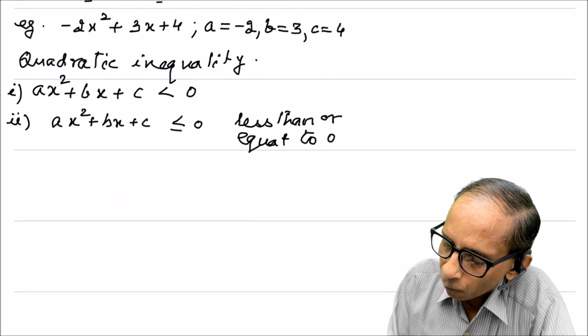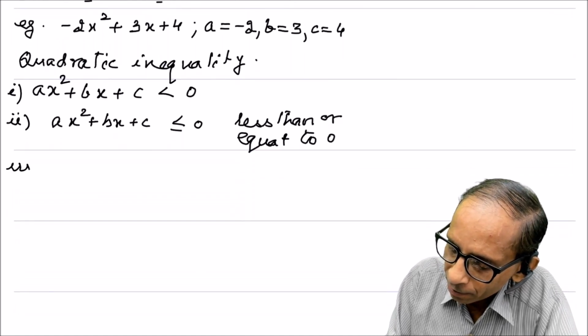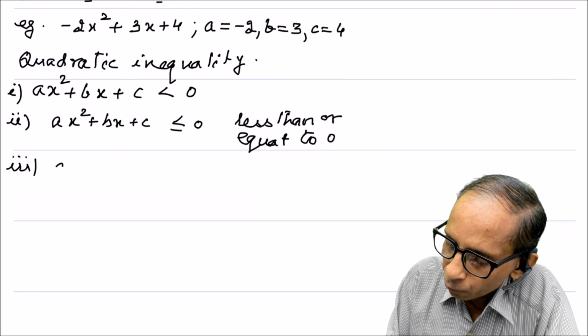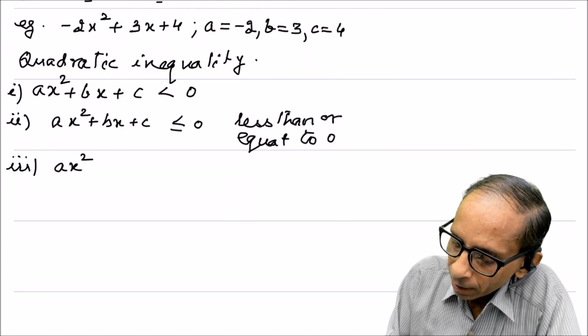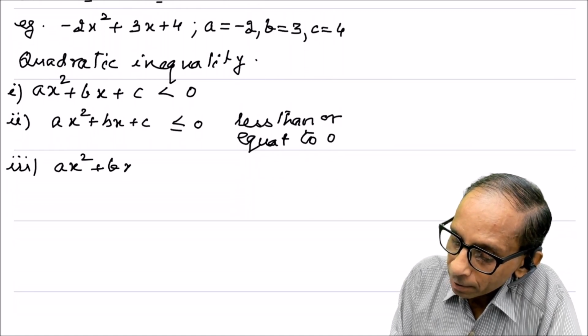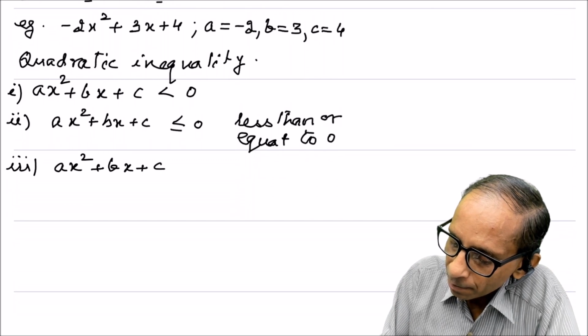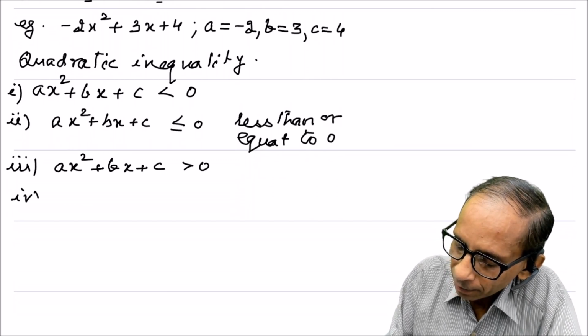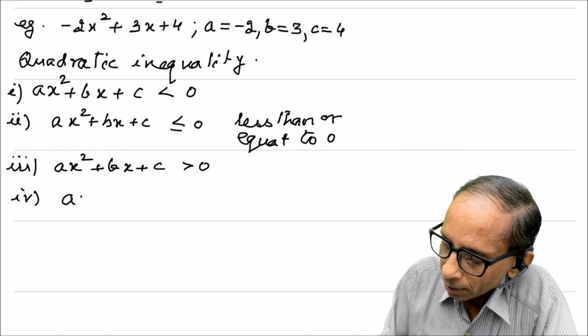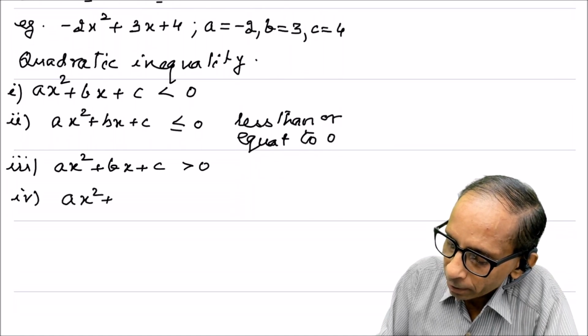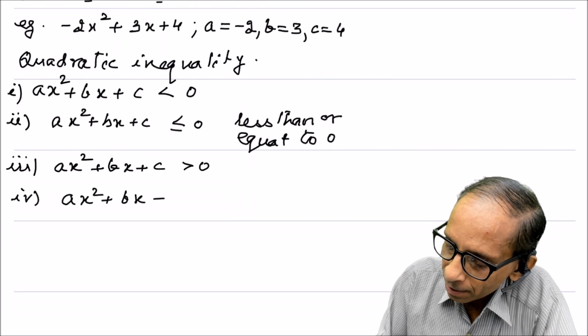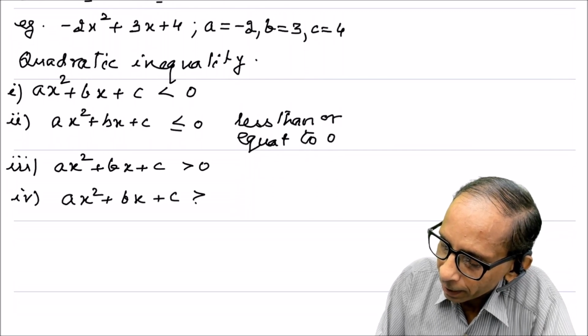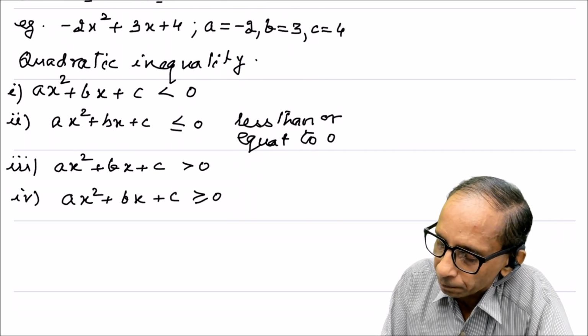The third type of quadratic inequality would be ax square plus bx plus c of the greater than 0 type, and the fourth, ax square plus bx plus c greater than or equal to 0.